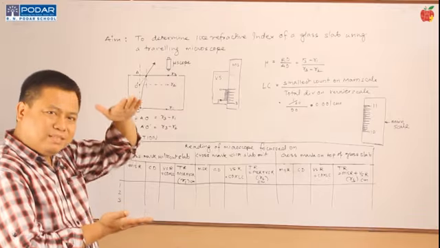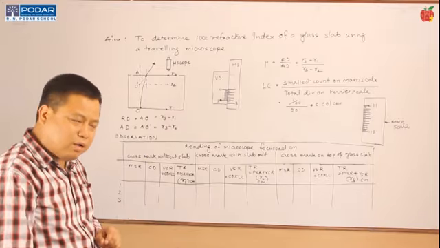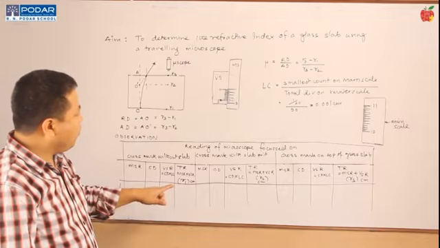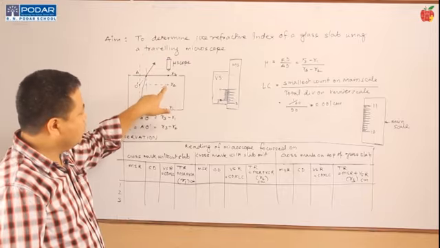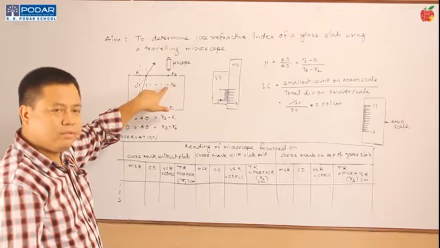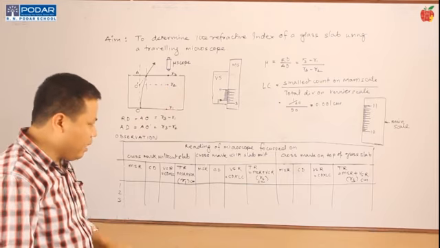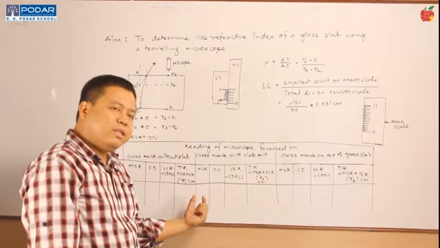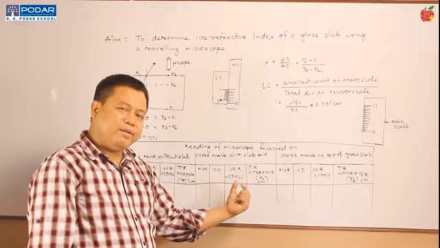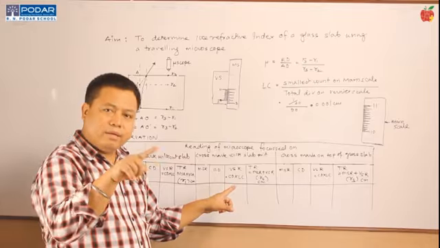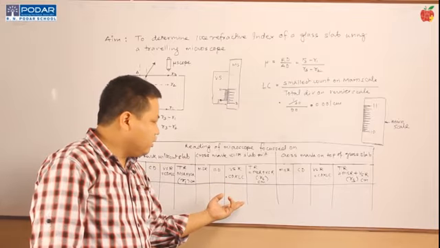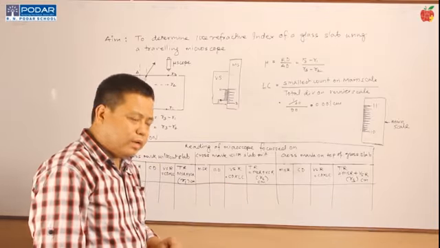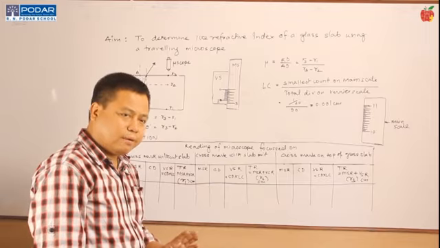Second, we will place the glass slab on the top of the cross mark, and the object appears to be raised. The object appears to be here. We will focus the microscope there, and that will be my second reading, R2. Again the same: main scale reading, coinciding division, vernier scale reading by multiplying the coinciding division and the least count, and the total reading by MSR plus VSR.